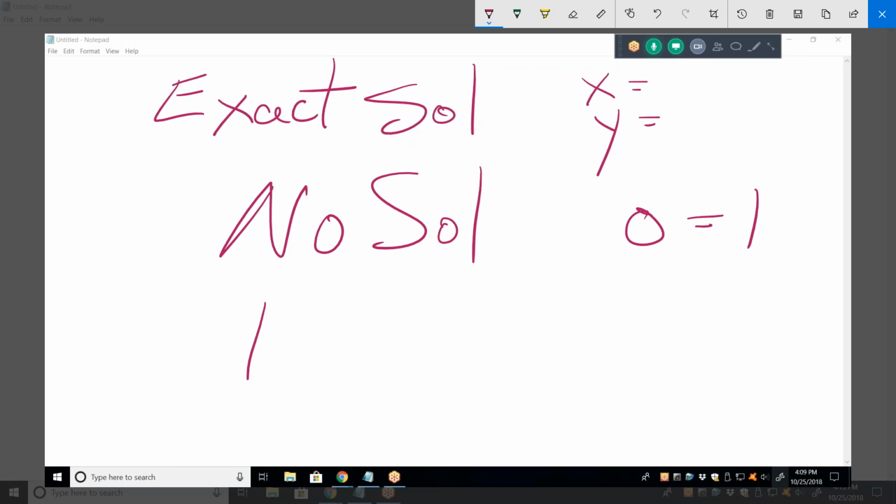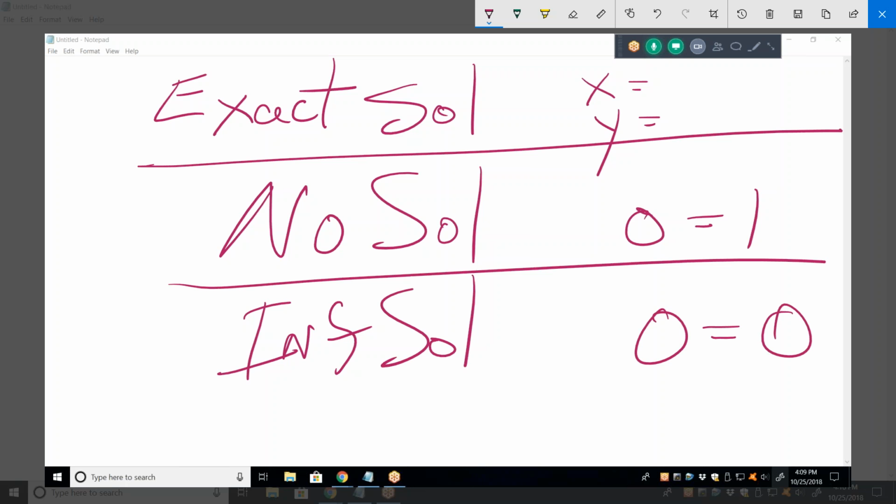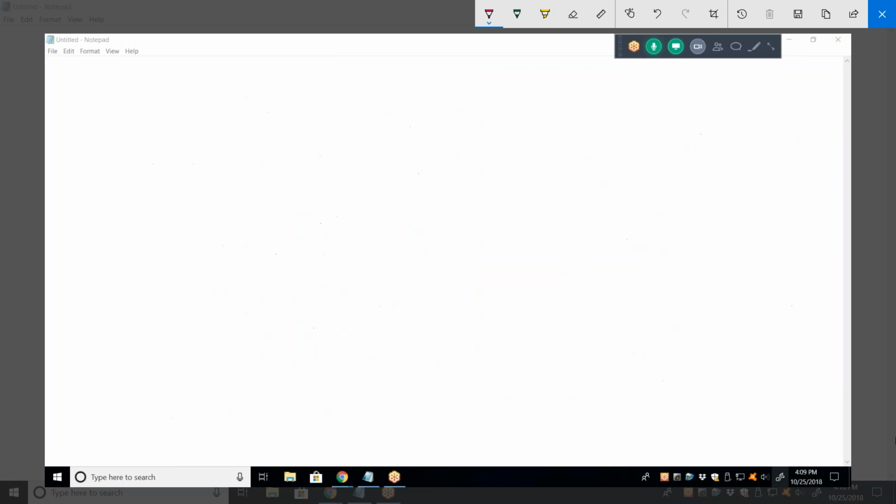And you can have an infinite number of solutions, which is where you have one number equals the same number. And those are three completely different possibilities that you might encounter when you're dealing with a system of two equations. Now, let me give you this.